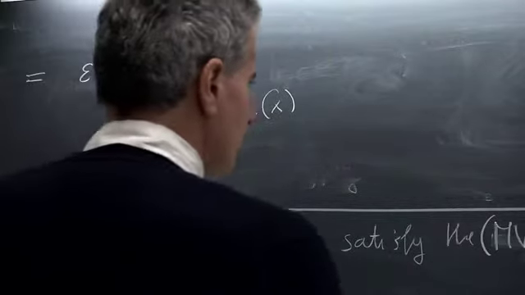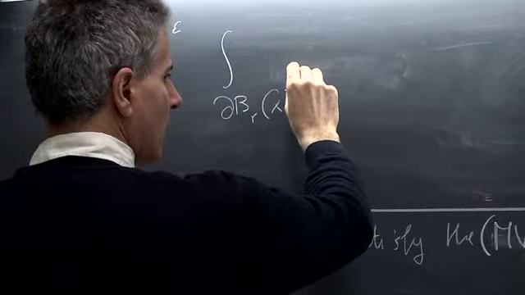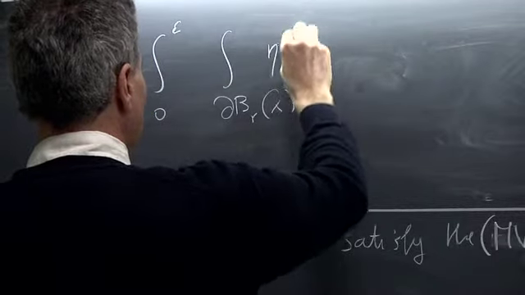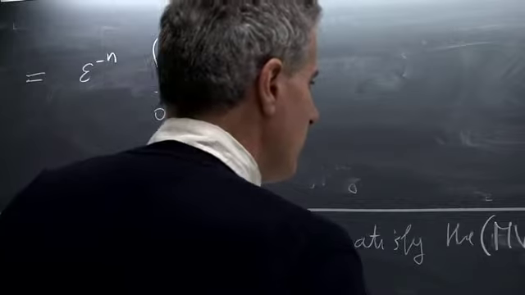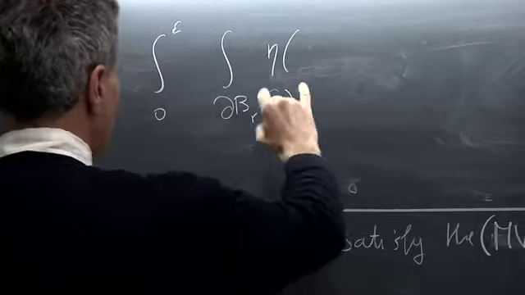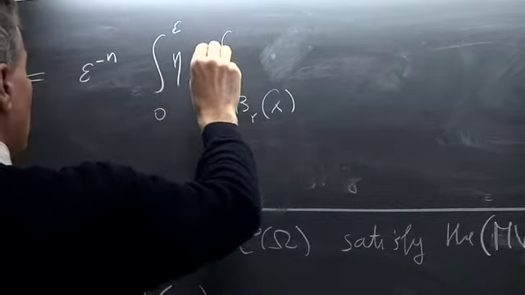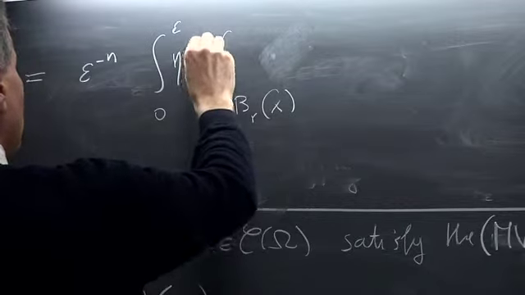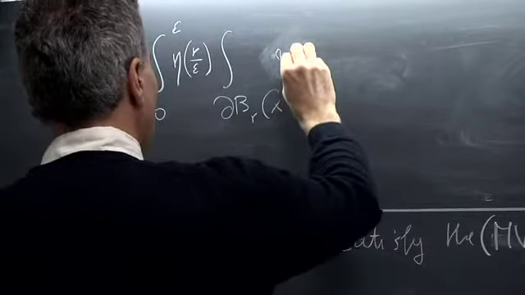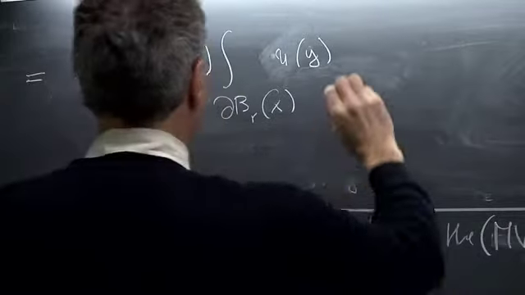And then what do I have? I have u of y dy, and then I have eta of x minus y. Actually, now |x minus y| is equal to r. Therefore, I just have eta of r divided by epsilon. And then I have u of y dH n minus 1 of y.